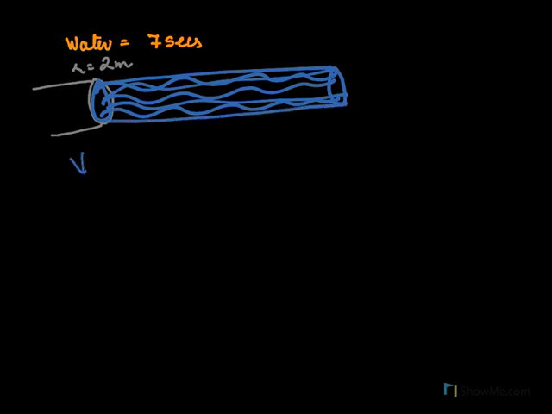So I will write volume is pi r square h. So that is 22 by 7. My r is this, which is 2, which is given here. So I will write here 2 square. And now the h of this cylinder will be this distance. Distance traveled by water in how much time? In 7 seconds.